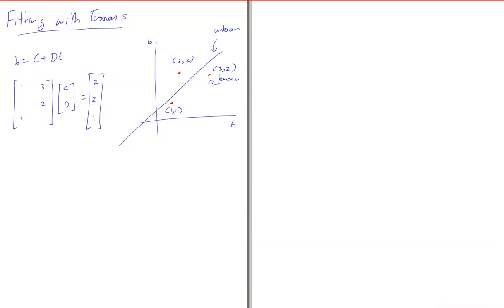And the question was, what should we do in this case? One idea is, maybe these points have some errors.